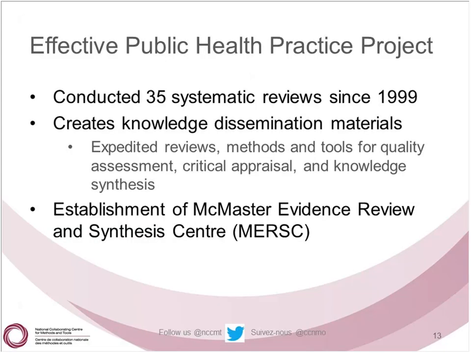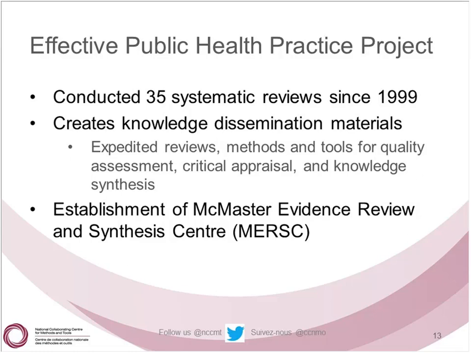So the Effective Public Health Practice Project, since 1999, has conducted 35 systematic reviews. It also creates knowledge dissemination materials, so thinking about how we distill the information in a systematic review out to the health professionals for whom that review is applicable.